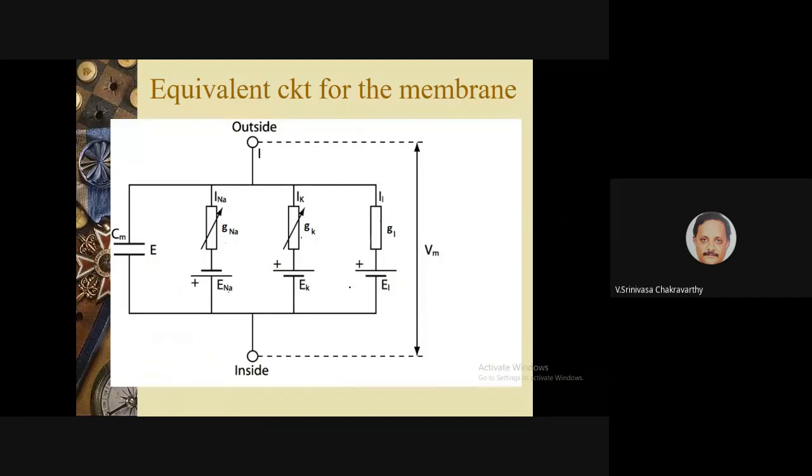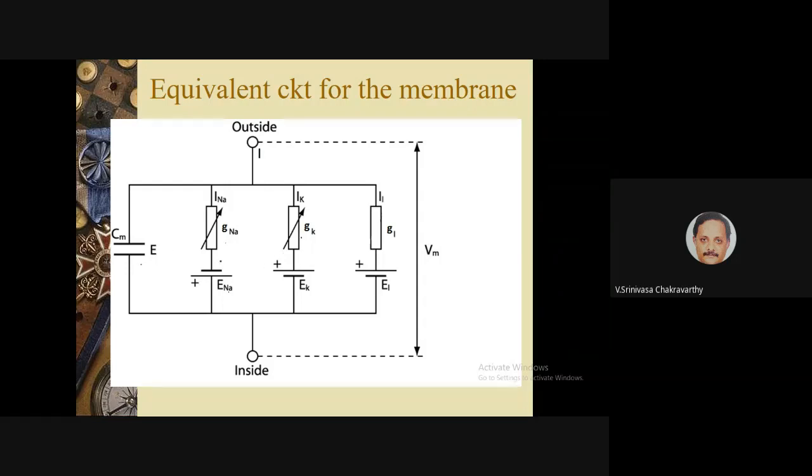So if you put all these things together, you see that all of them are across the same two media. All the channels and the membrane itself are across two media: one is the extracellular space, another is the intracellular space. Therefore, they have the same voltage difference between their two ends. For this reason, you can put them all in parallel.